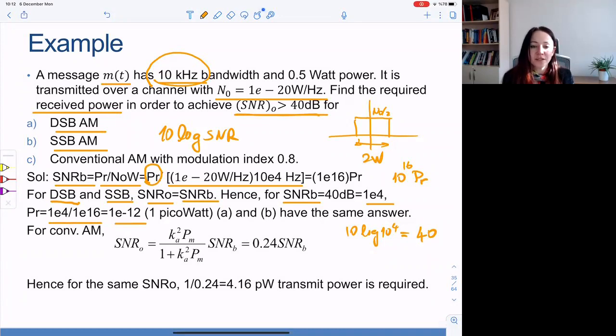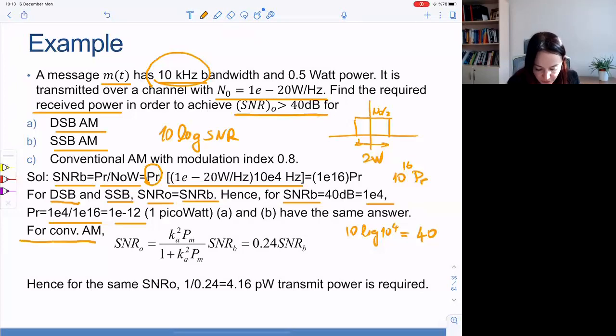It doesn't sound practical to receive 1 picowatt and still have output SNR 40 dB. Well, with the given noise and with the given bandwidth, remember, we're talking about very narrow band communication here, and the message power being very large. So it turns out to be like this.